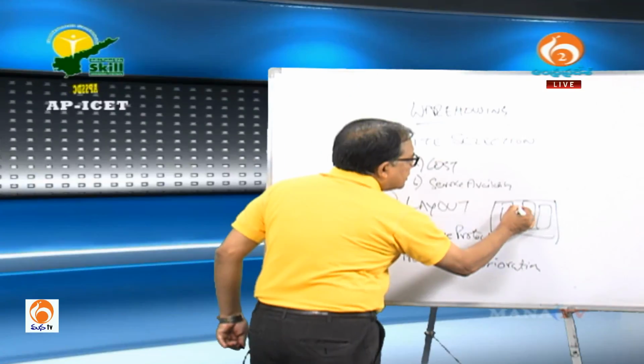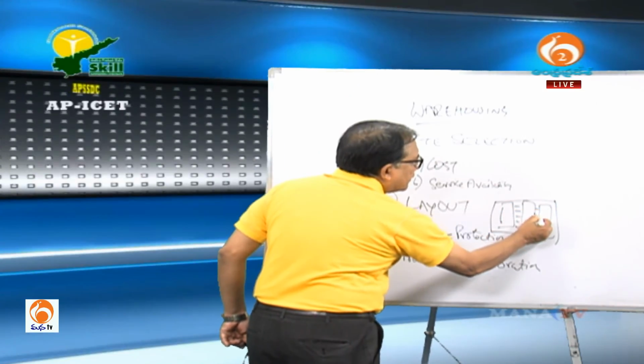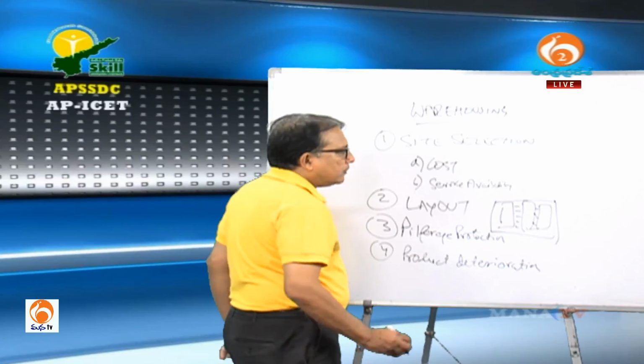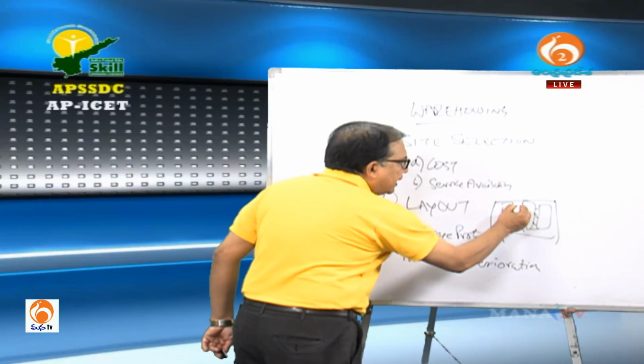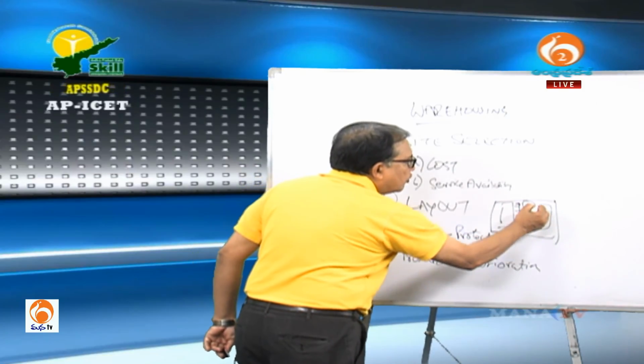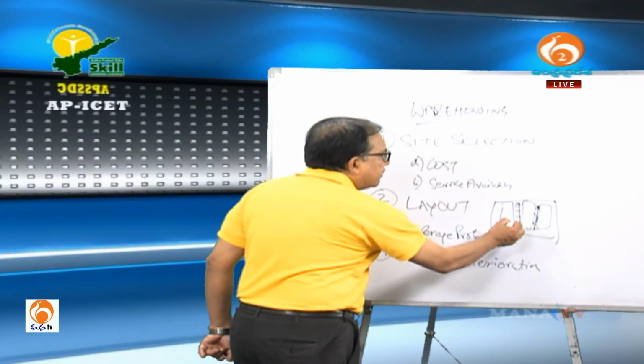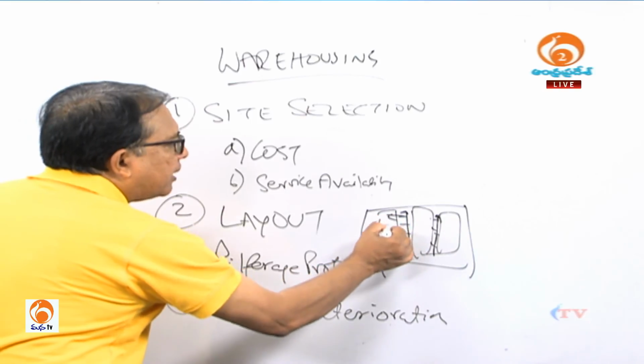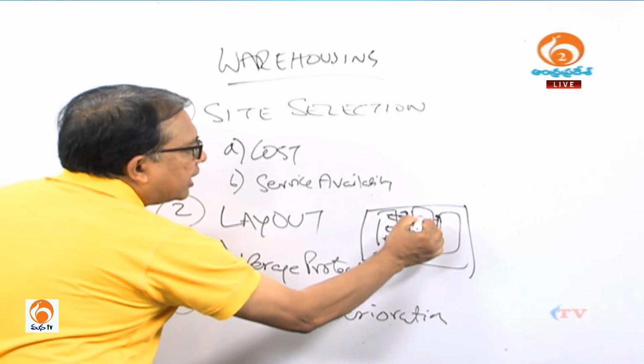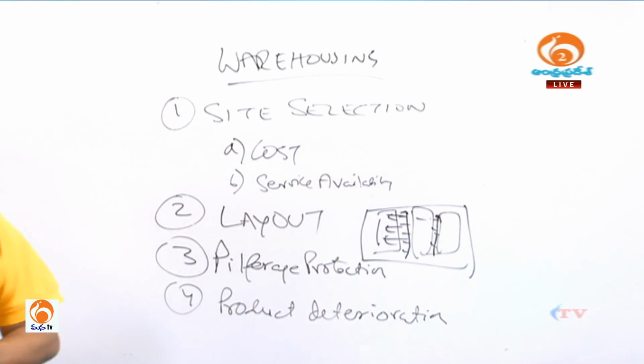In a warehouse, this is called the aisle, where the material handling machines move, or people who are responsible for picking the items, they move through the aisle and they pick up from the storage area. So, this is called the aisle.